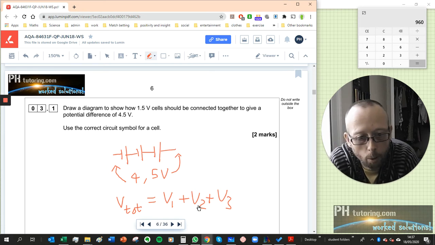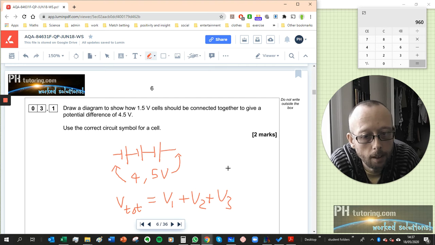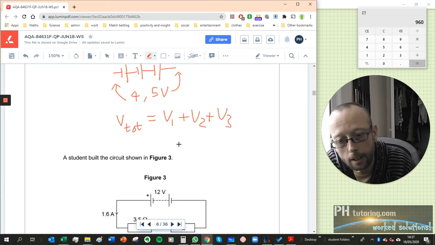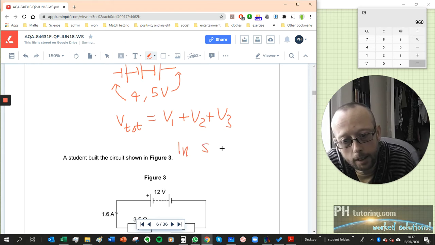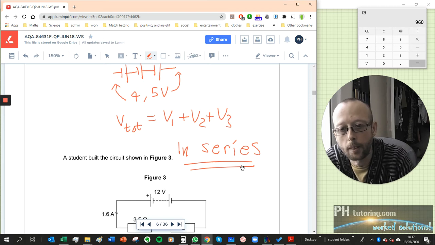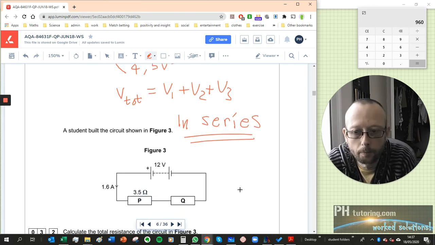What I mean by V1, V2, V3 is the first voltage, the second voltage, the third voltage. And this works only in series, okay? So in series, we can add the voltages, or the potential differences, up, and it equals the total.